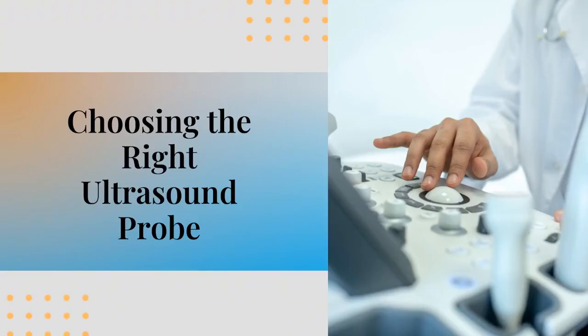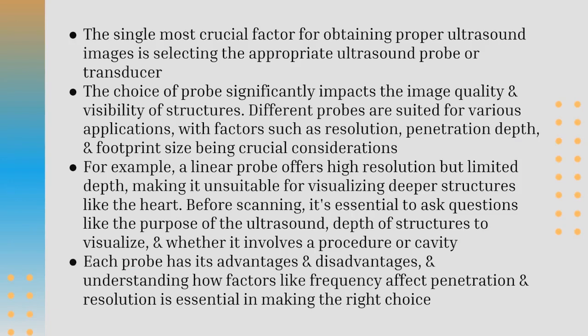Choosing the right ultrasound probe is very important according to the type of exam being performed. The single most crucial factor for obtaining proper ultrasound images is selecting the appropriate ultrasound probe or transducer. The choice of probe significantly impacts the image quality and visibility of structures.